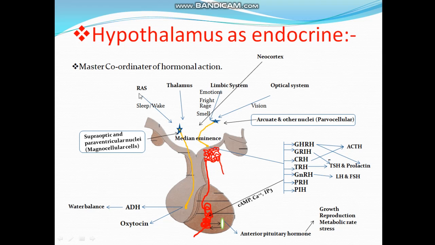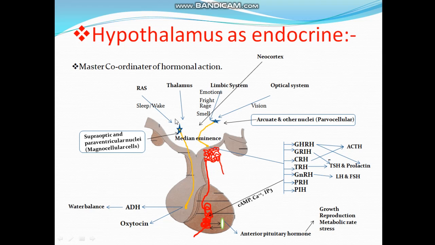So any activity of the reticular activating system like sleep or wake disturbances, any activity of the thalamus like temperature regulation, any activity of the limbic system like emotion, fright, rage, smell, or any activity from vision can disturb the secretion of hypothalamic hormones and subsequently can disturb the secretion from the anterior pituitary gland and finally can disturb the physical aspects of the body like growth, reproduction, metabolic rate, and stress.